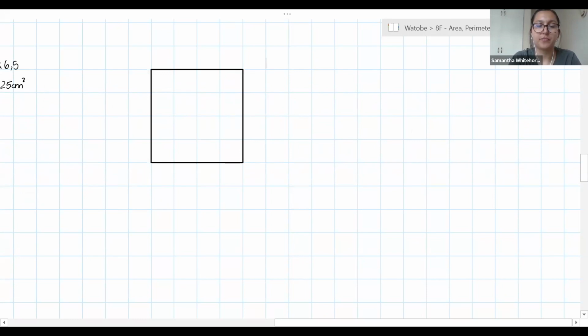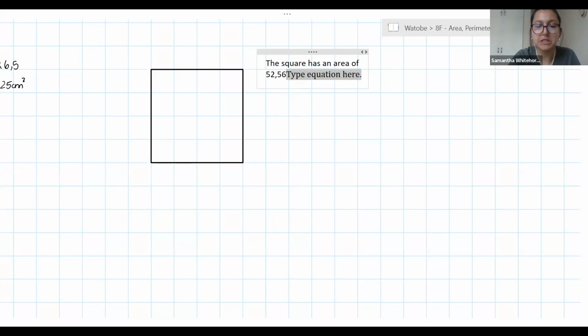Right, so the square has an area of 52,56 centimeters squared. Whoops, just fix that.